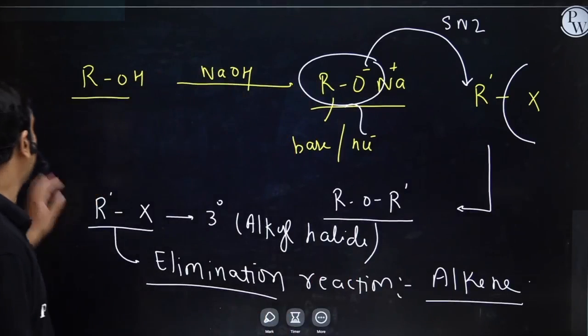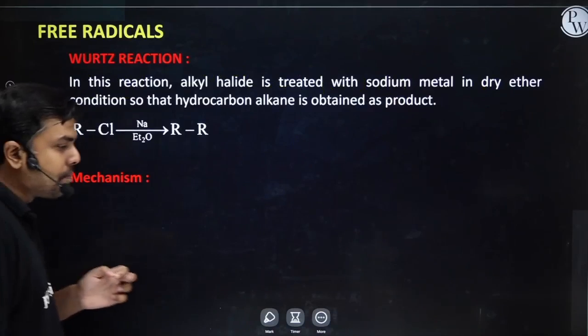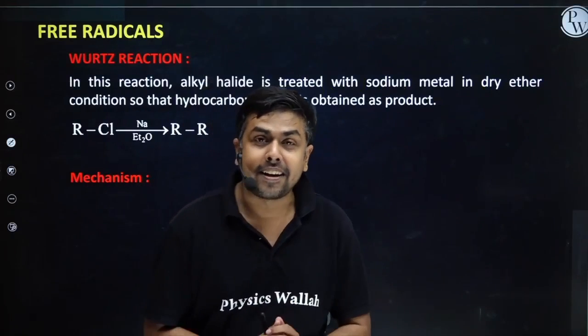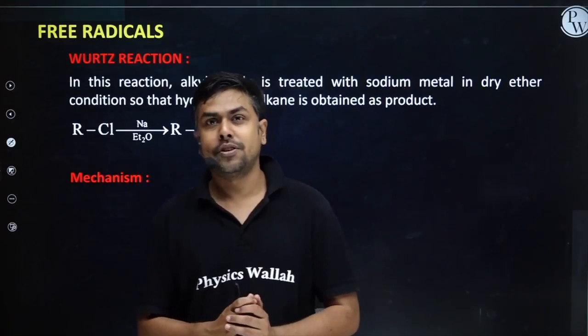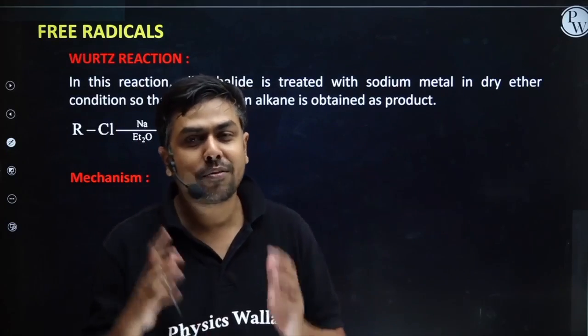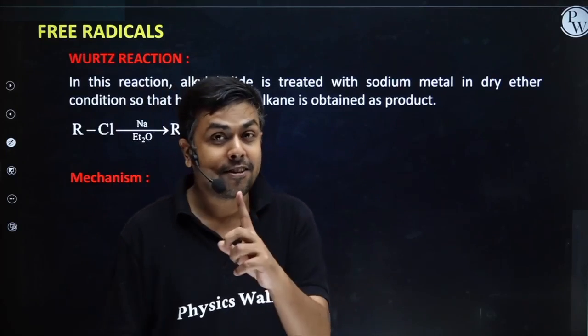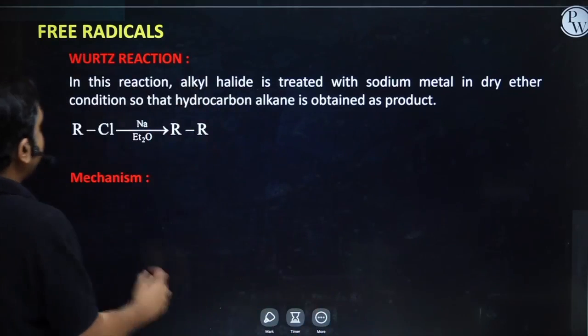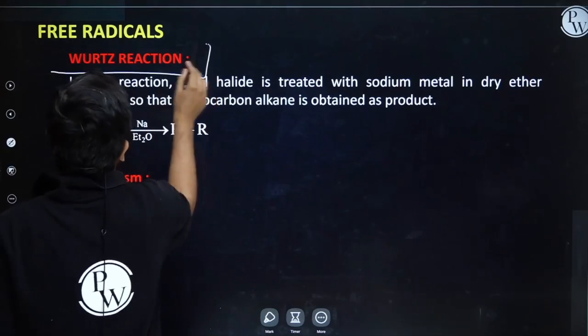Okay, student, we have one more important reaction related to this alkyl halide, and that is free radical substitution reaction of alkyl halide. We have studied this particular reaction, one of the most important reactions in case of hydrocarbon. When we were doing the alkane part, we studied this particular reaction, Wurtz reaction.